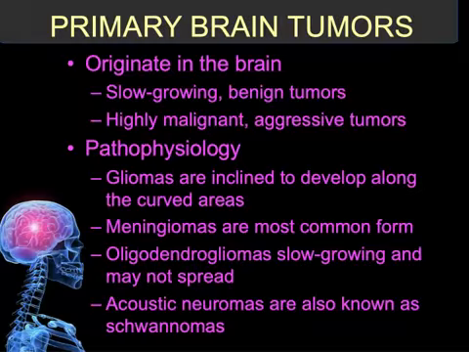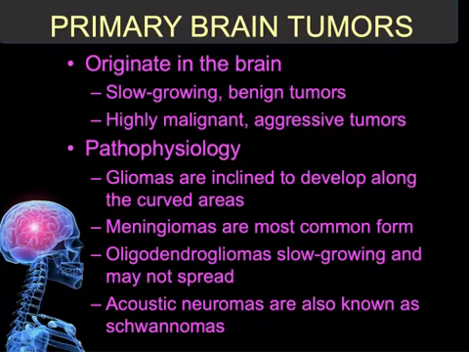You can see that gliomas are the kind that tend to develop along the curved areas of the brain, so we have an increased risk most times for those patients to be in the frontal lobes, which are more susceptible to those types of gliomas. But frequently they're found in younger people, 20 to 50, and there are a few grades.